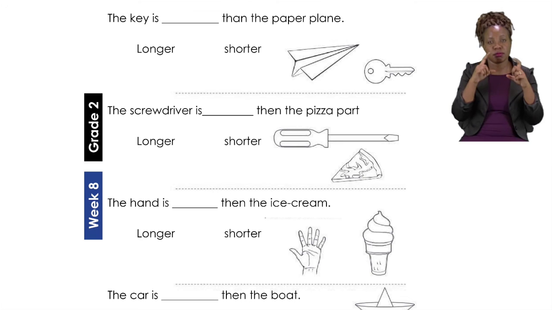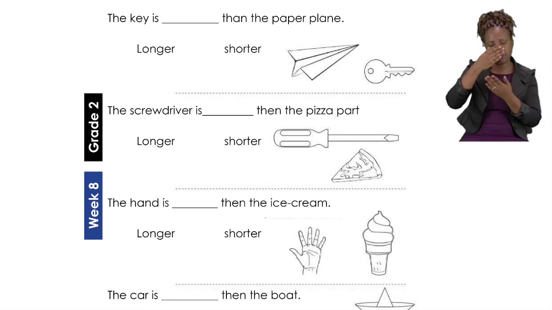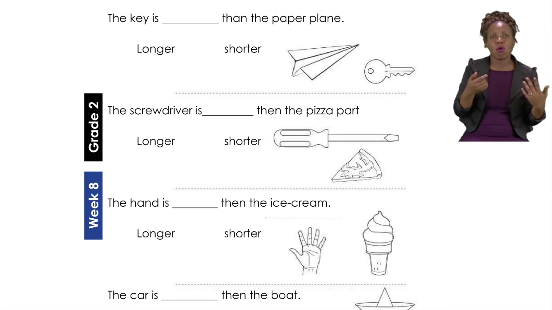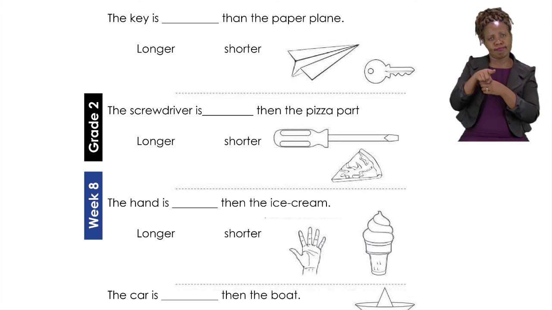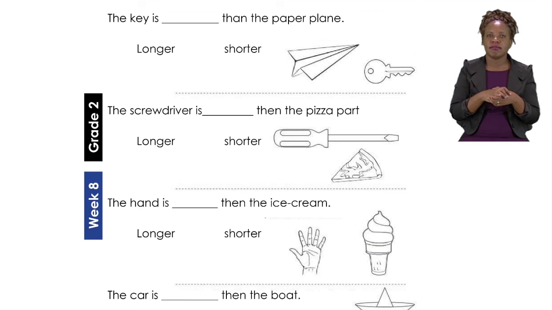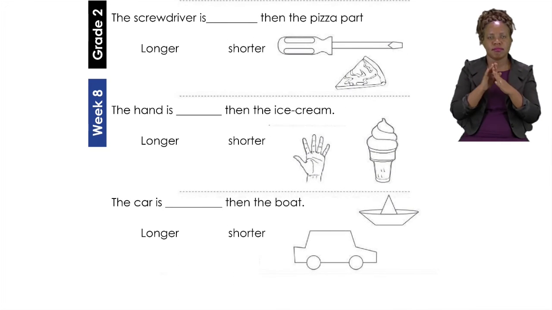On top there we have the screwdriver, and below it we have the pizza slice. Do we now say that the screwdriver is longer, or do we say that the pizza part is shorter? I'd like you to please write your answer on the dotted line.